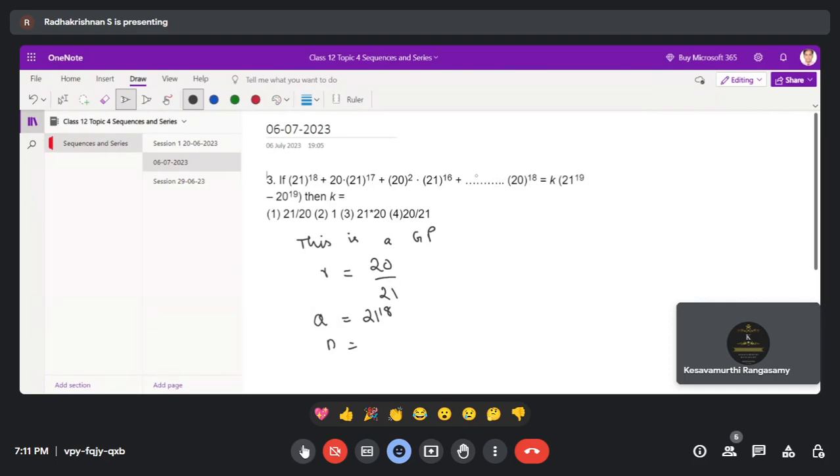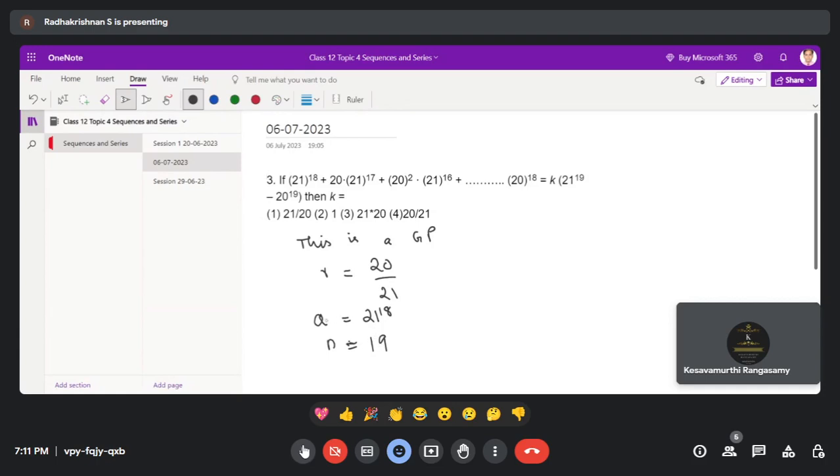So 18, 17, 16, 15, up to 0, how many terms will there be? You don't need a formula for that. You can just think mentally. 19 terms. Yes, from 1 to 18 there are 18 numbers, and as it includes 0 also, there are 19 terms.